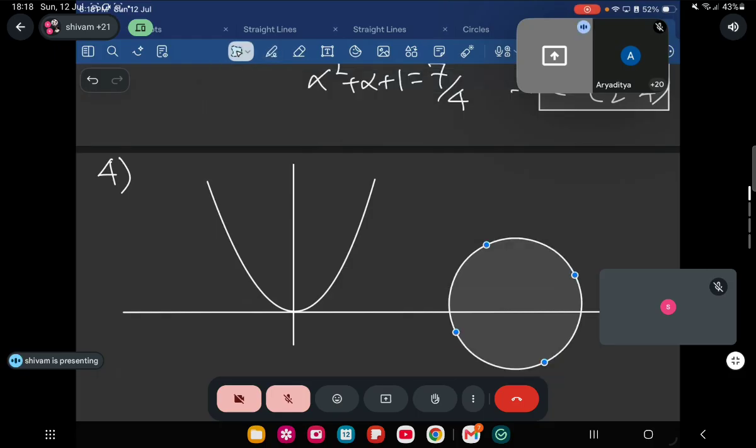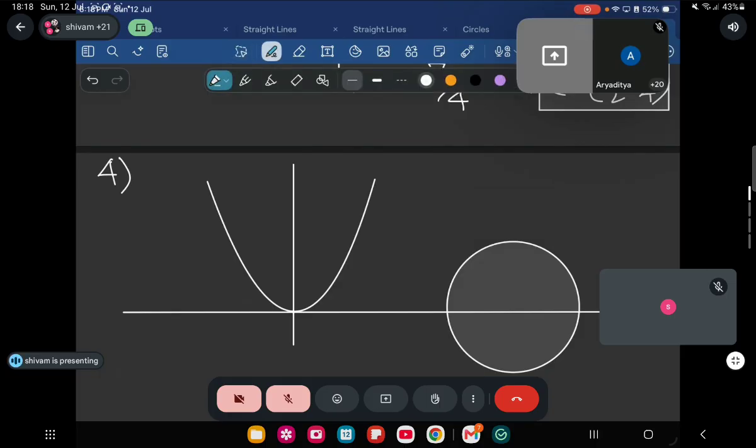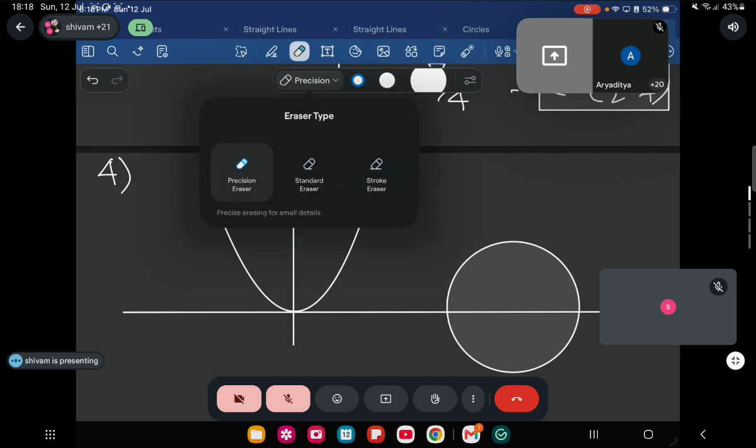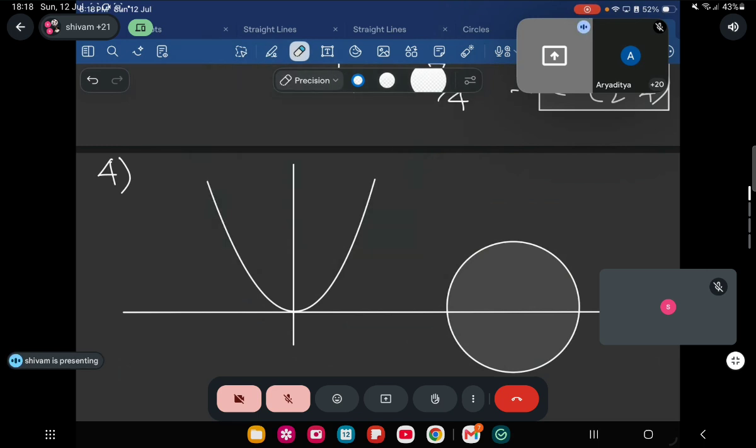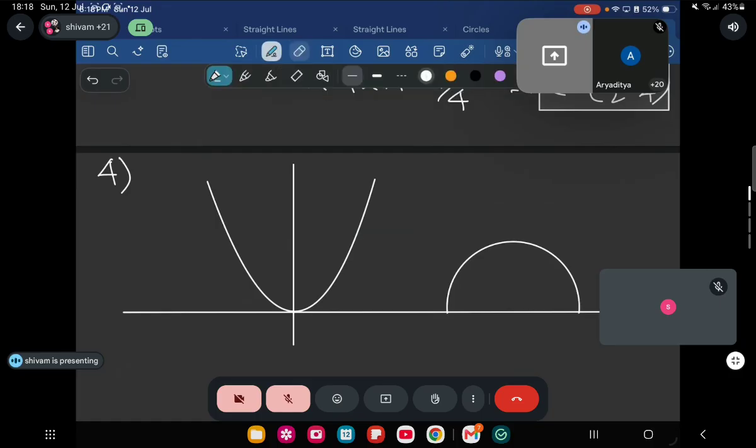You have to find out the minimum distance. What condition can we apply for a parabola and a circle? The normal to the parabola will pass through the center of the circle. Are you getting it or not? The center is 15, 0.